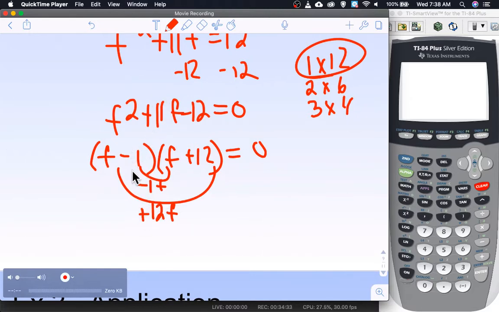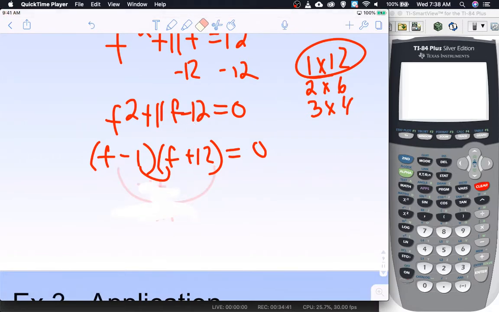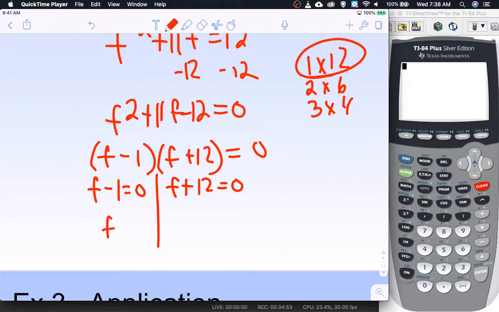Okay, we're good. And is a negative 1 times a positive 12 equal to negative 12? It is. All right, so everything there is good. So now we continue. F minus 1 equals 0, or f plus 12 equals 0. On the left-hand side, we add 1 on both sides, giving us f equals 1. On the right, we subtract 12 on both sides, giving us f equals negative 12.